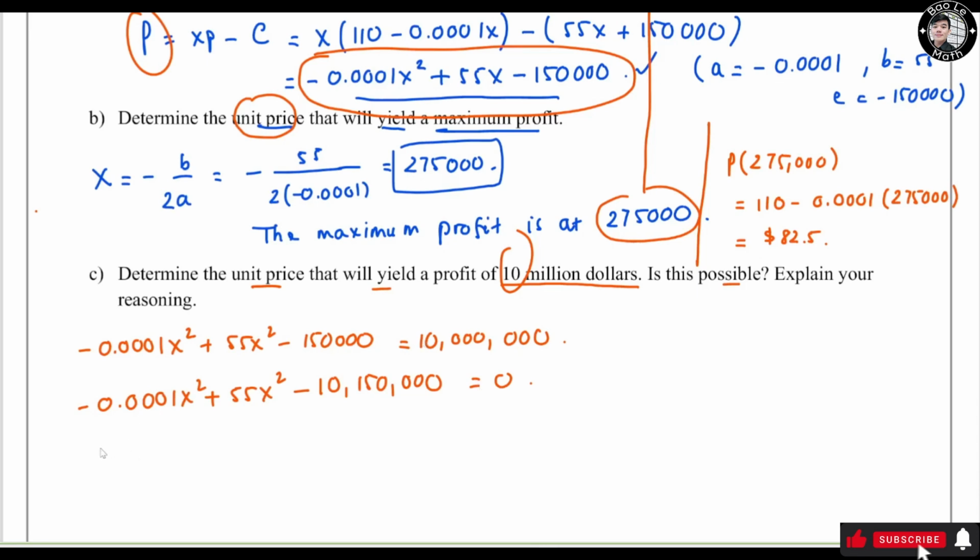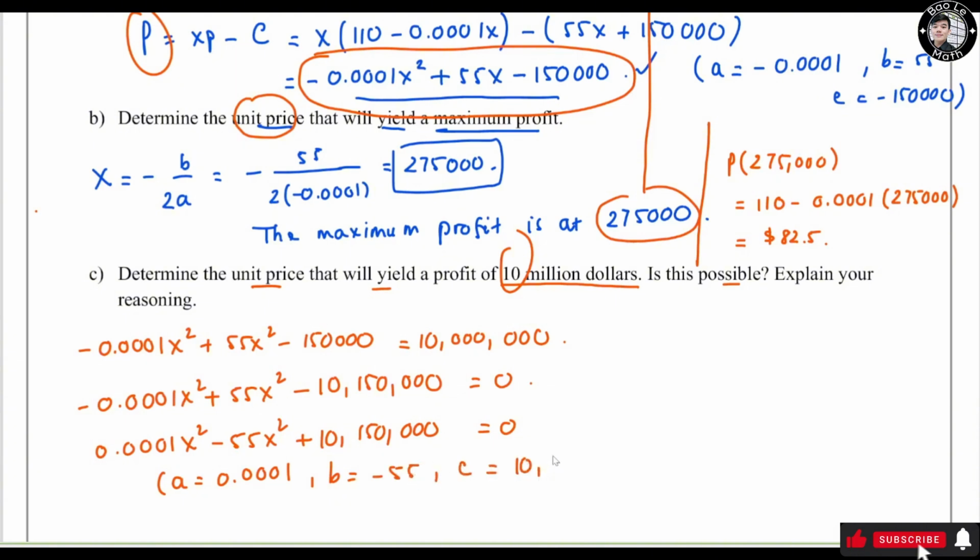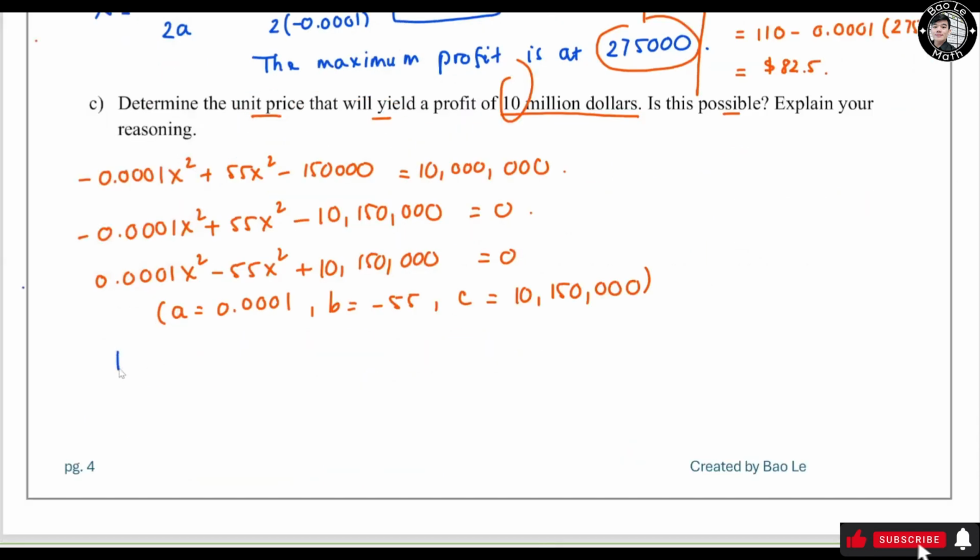So we have, now we have a equals 0.0001, b equals negative 55, and c equals 10,150,000, right? Now we're going to find the discriminant, b squared minus 4ac.